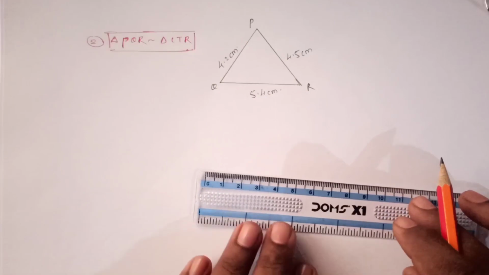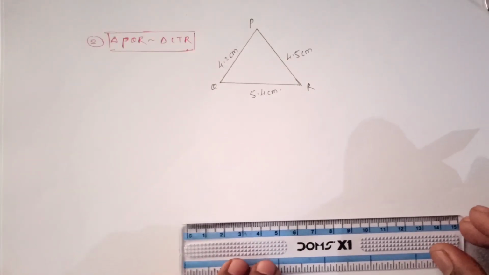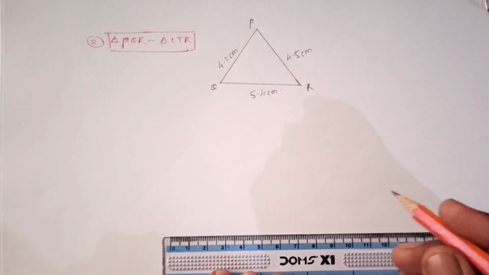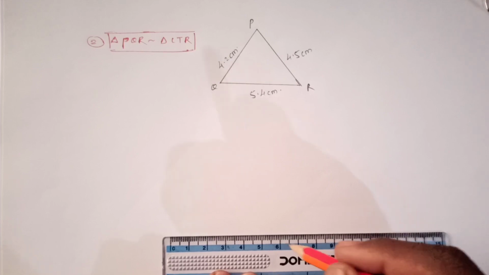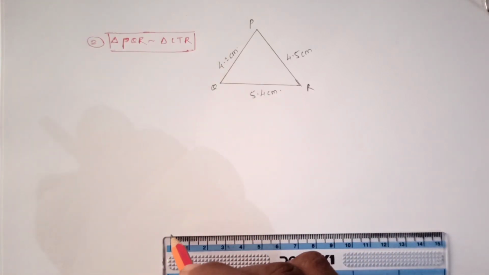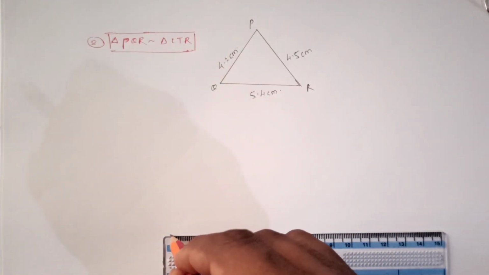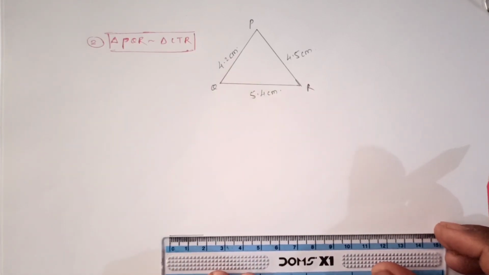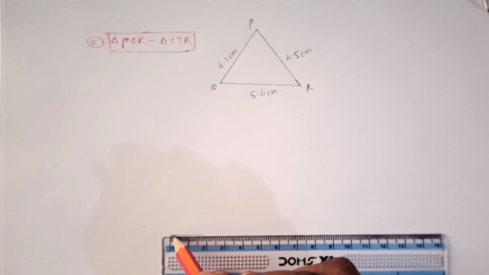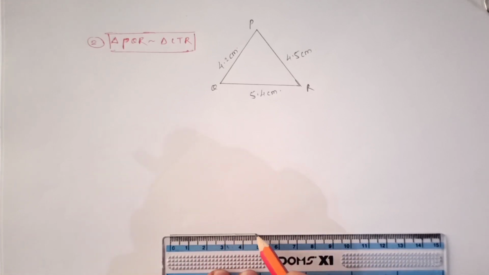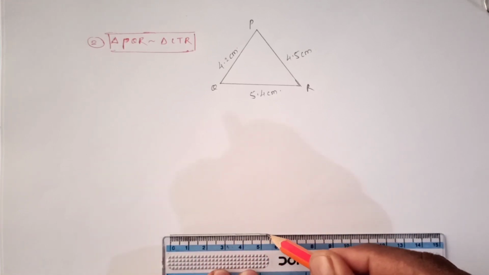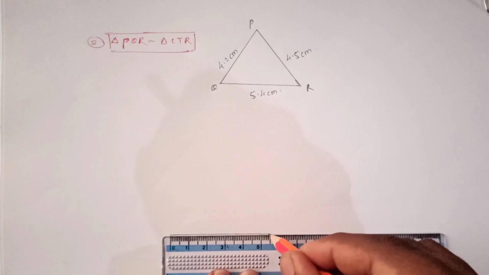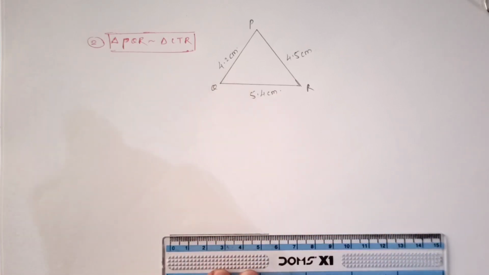QR is equal to 5.4 centimeter, so we will take that 5.4 centimeter. So this is QR, 5.4 centimeter.